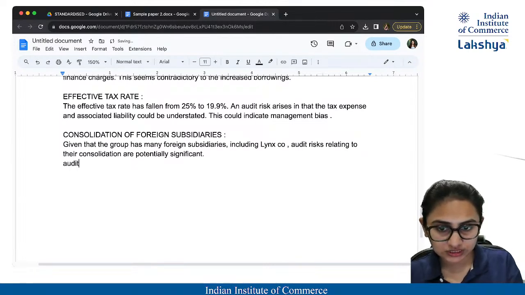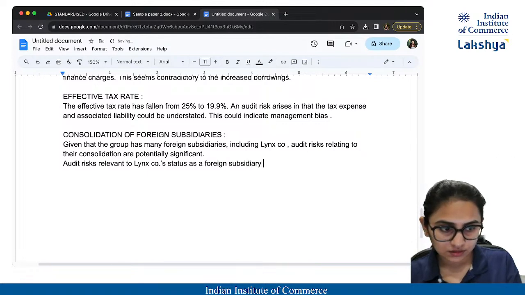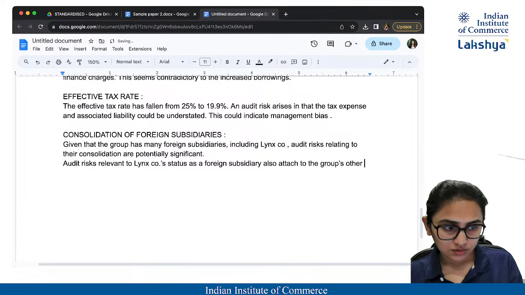And audit risks relevant to Links company's status as a foreign subsidiary also attach to the group's other foreign subsidiaries.